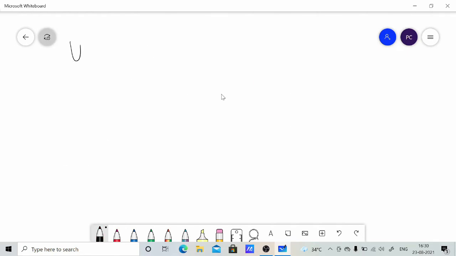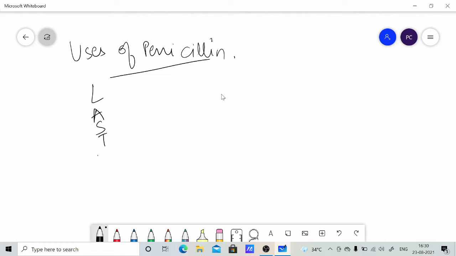So, uses of penicillin. We can remember the uses by the mnemonic "Last man go." Right.